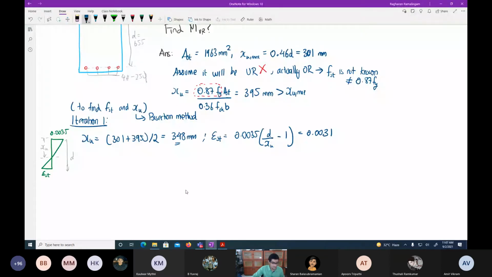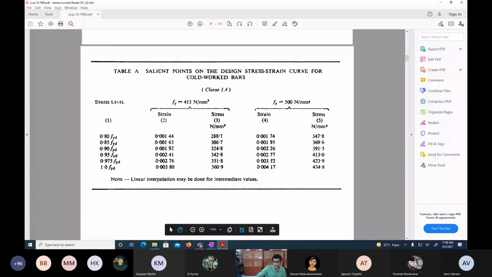Now I can just do an interpolation. To get Fst, linear interpolation you can do. My lower bound value is strain 0.00277 and the corresponding stress is 413, and the upper bound is strain 0.00312 and stress 423.9.